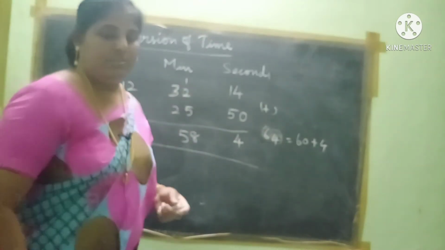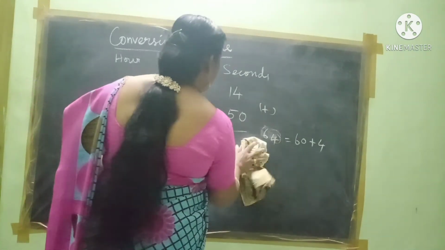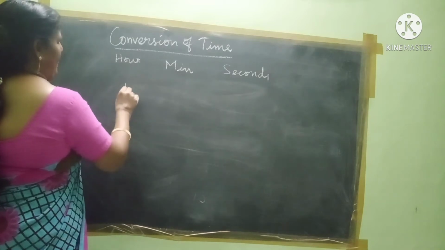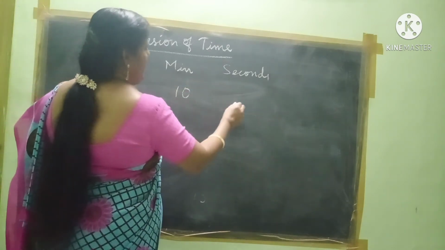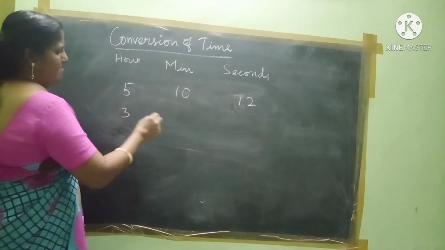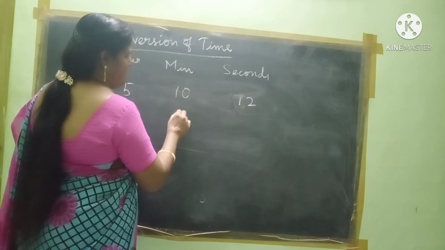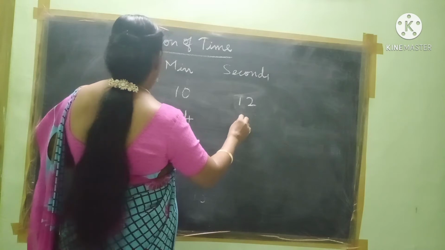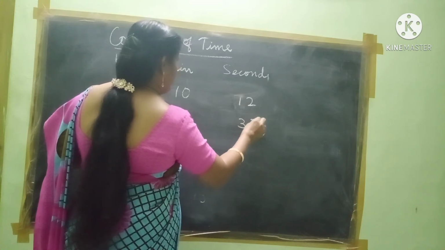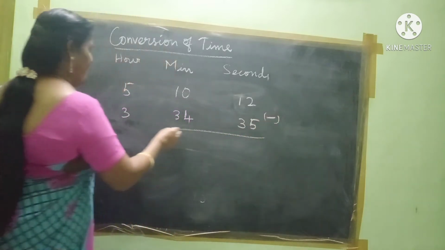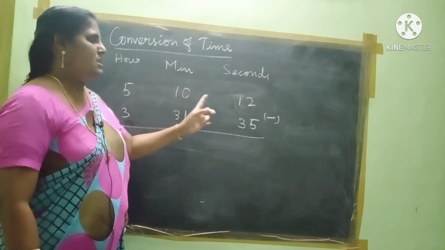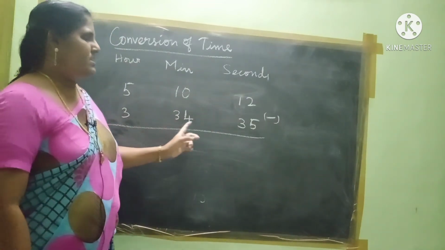Okay. What if you want to subtract the numbers? Okay, children, let us see the sum. 5 hours, 10 minutes, 12 seconds. 3 hours, 34 minutes, 35 seconds.